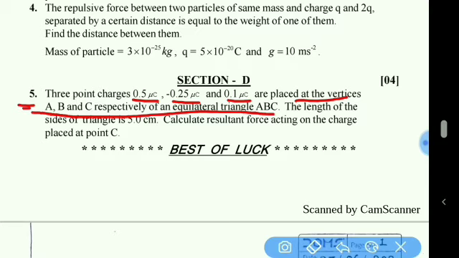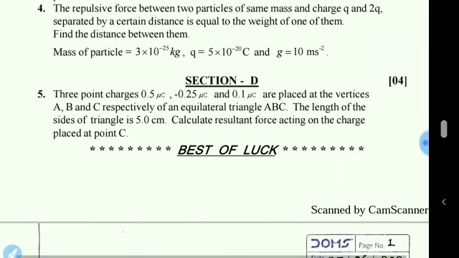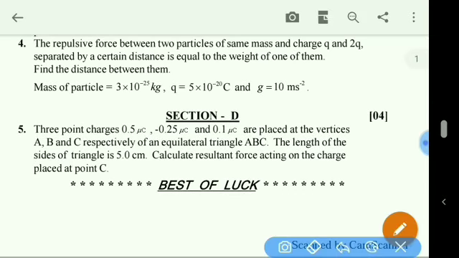We want to find the force acting on the charged particle which is kept at point C. The distance given is 5.0 centimeter.